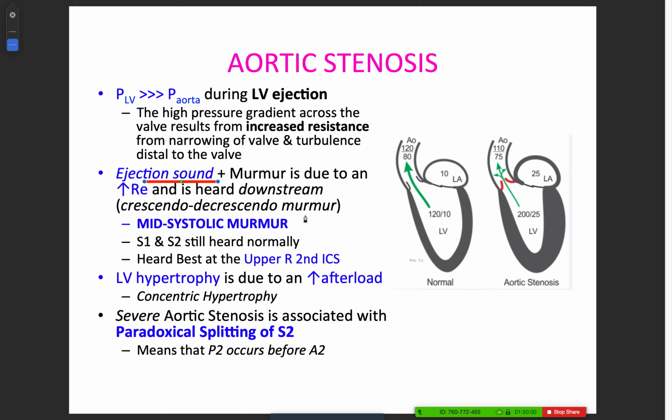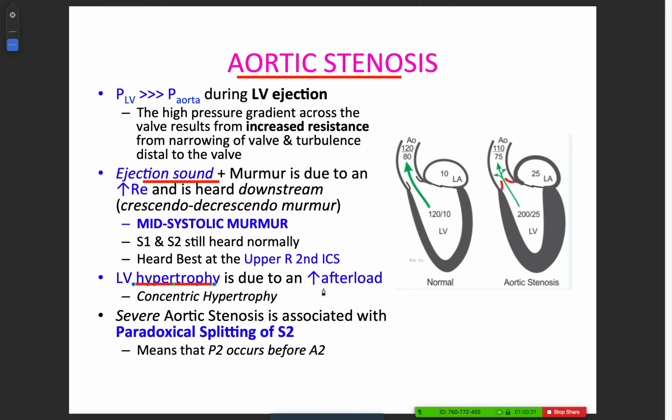Whenever those valves try and open, and these are just like glazed donuts of calcium, it's going to make a noise as the valve opens. And so that gives us our ejection sound, okay? As this calcified valve opens, it's going to make a little bit of a noise. So when you hear an ejection sound in the context of aortic stenosis, don't get freaked out. It's just the sound of these crusty valves opening, okay?